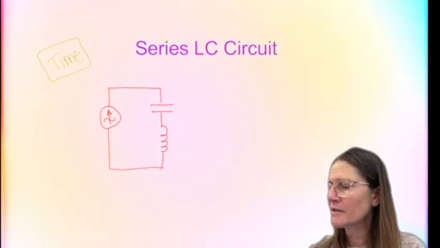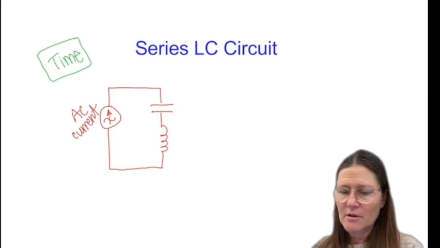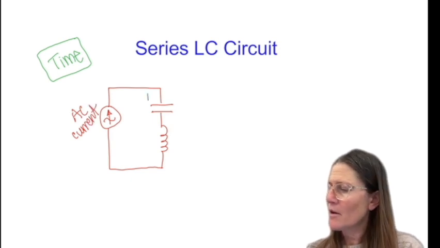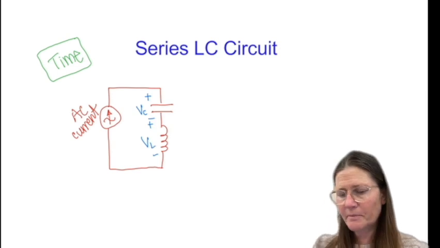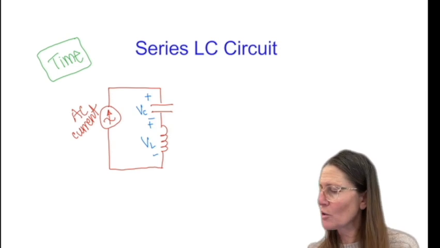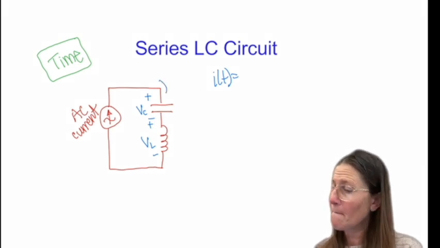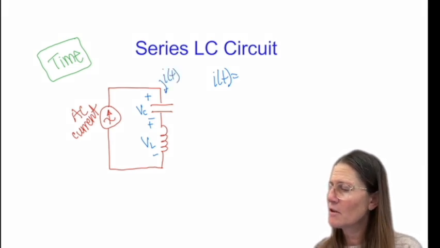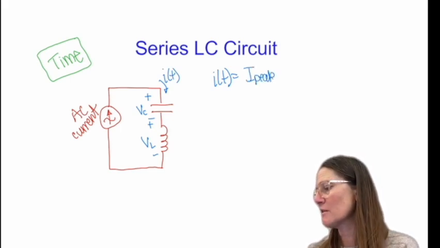Say we have some AC current, and we define the voltage of the capacitor and the voltage of the inductor. And we know that I of t is a sinusoid. So we have a peak value, an amplitude, and cosine omega t.